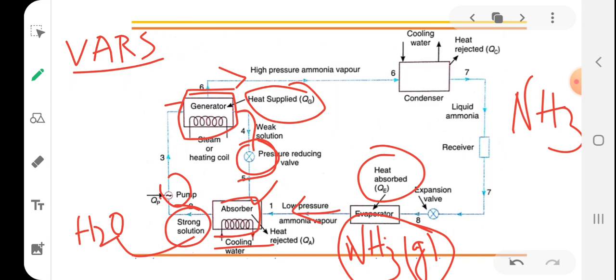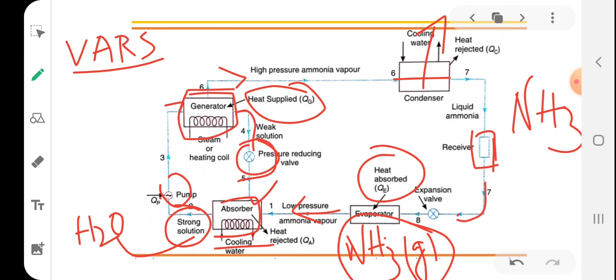moves to the condenser. So what happens in the condenser? Same as in the case of the vapor compression system. The condenser will reject heat to the atmosphere and the high pressure ammonia will become liquefied because it is getting condensed at constant pressure, meaning the vapor gets converted into liquid form and passes to the receiver, where additional liquid will be received.